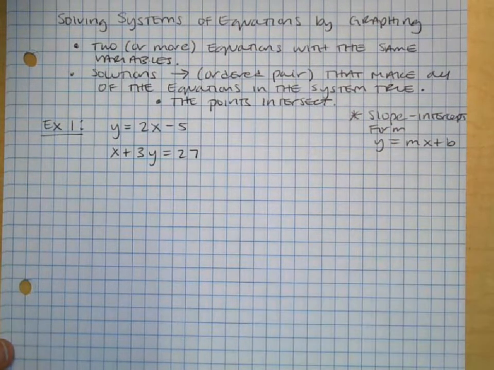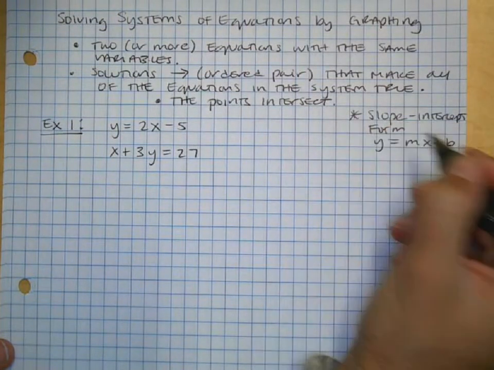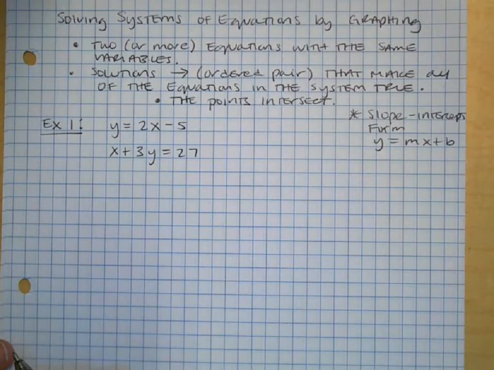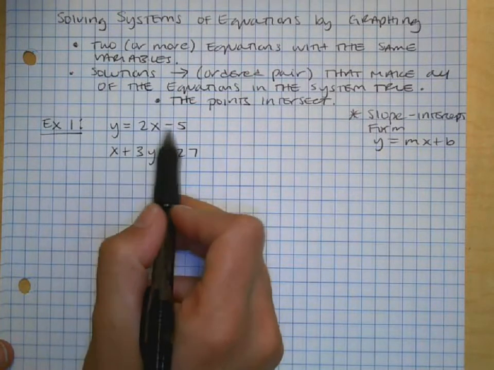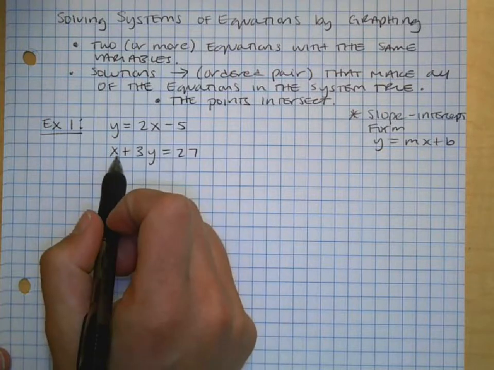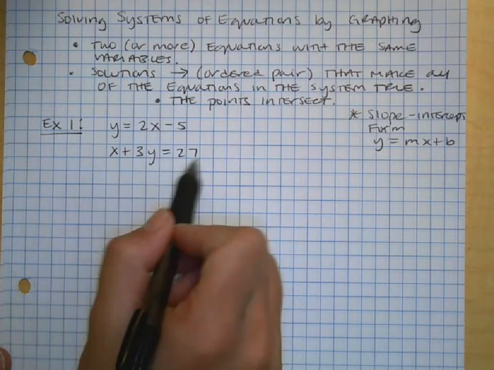This is a lot easier to graph. The first equation is already in y equals mx plus b form, and that's okay.